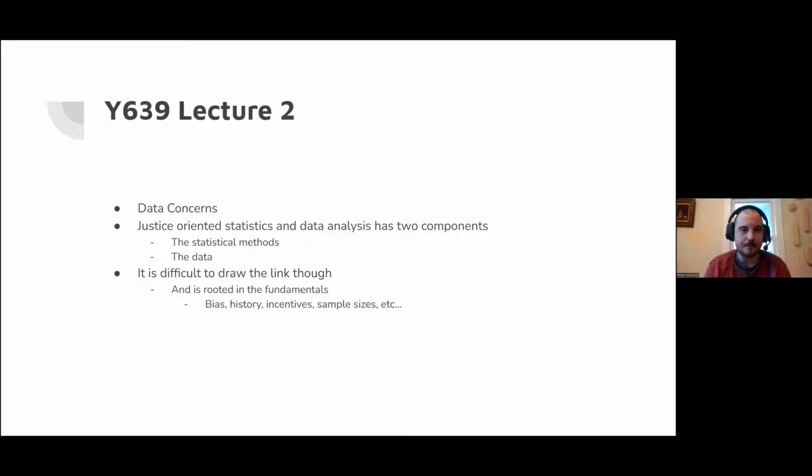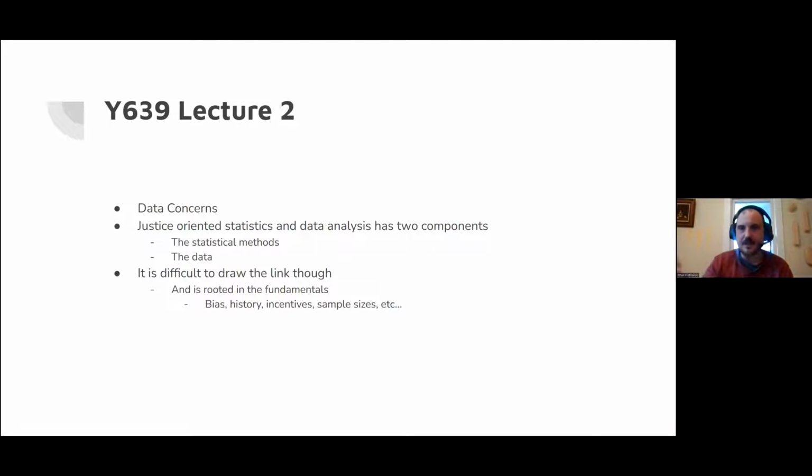At the end of the day though, and this goes for the statistics side too, there aren't data sets created out there for the purpose of doing justice focused analysis. I think the goal is to find just good data that follows good statistical and quantitative fundamentals. Knowing about your sample sizes, knowing if the people who collected the data were upfront about the whole process.